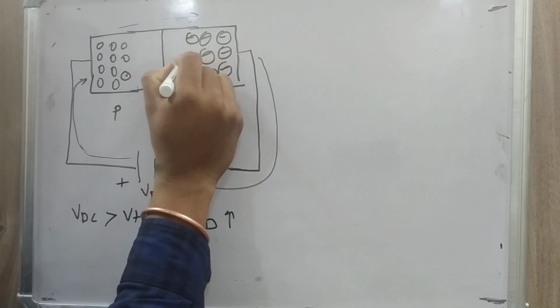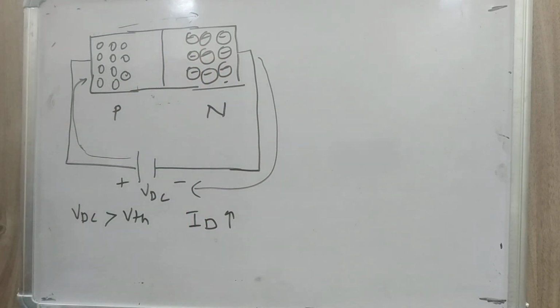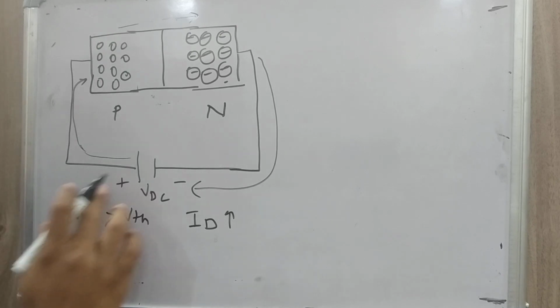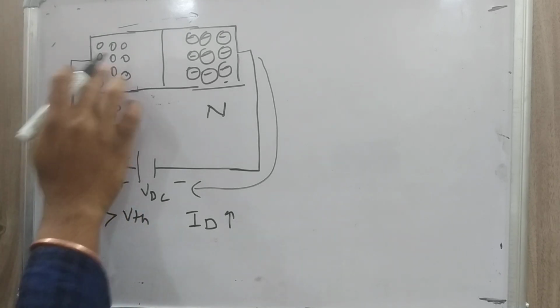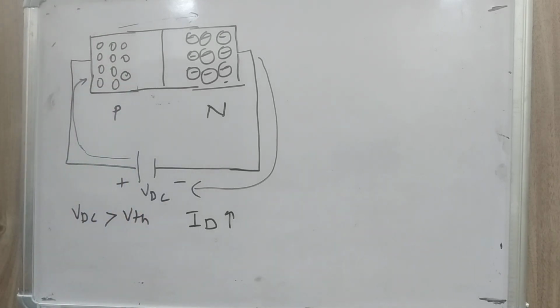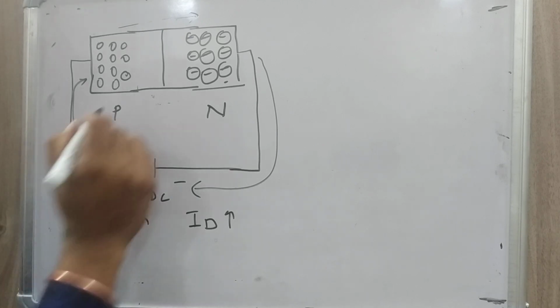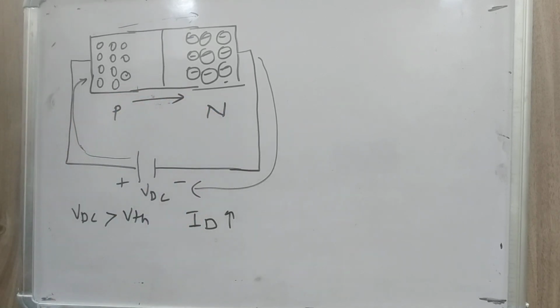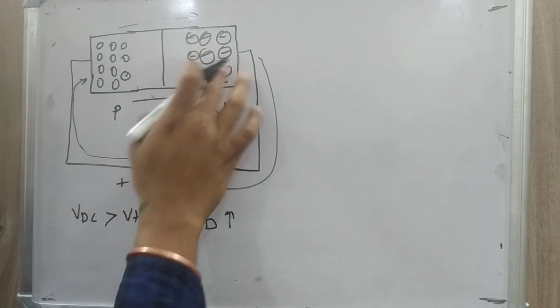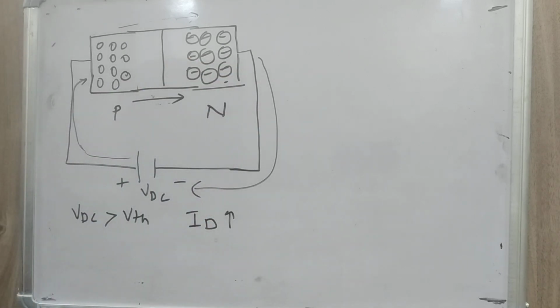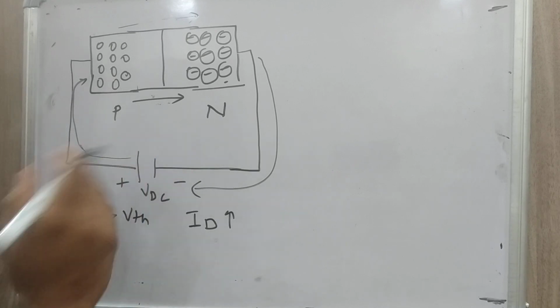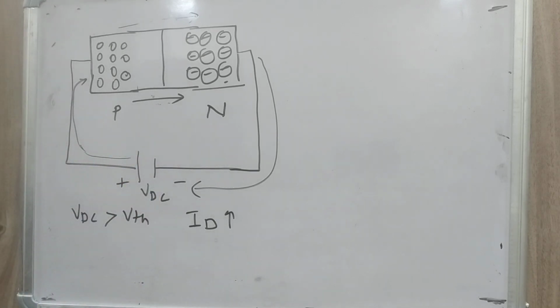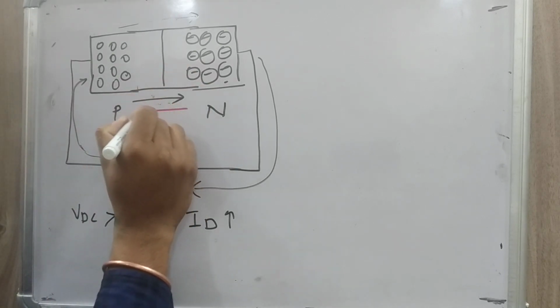Okay. Now if you see, when the diode is forward biased, this is the positive terminal of the battery, and these are the holes, so they have the same polarity, right? Because of this, the holes inside the p-type material experience a repellent force, so they move in this direction. Similarly, electrons from the n-side material experience a repellent force because of the negative terminal of the battery, and they move in this direction.